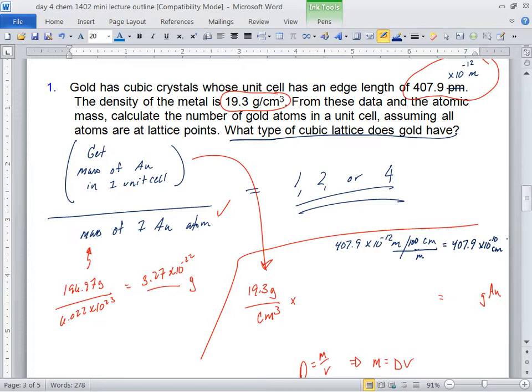The x cubed button is orange, though, so you got to push shift first. I think that's easier because it's cubed. So I got 6.787 times 10 to the negative 23.